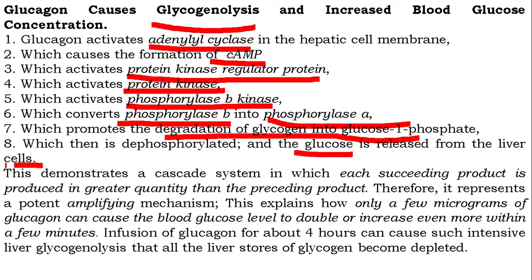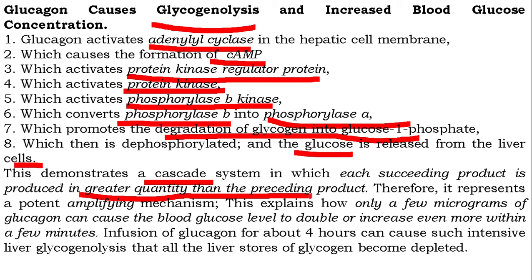Actually, this is a cascade system, which means at every stage the magnitude of the reaction is increased several times, and this means that each product is produced in a much larger quantity than the previous product.